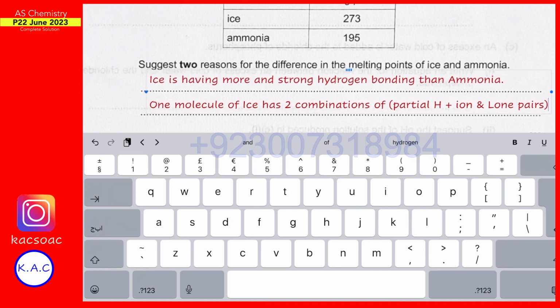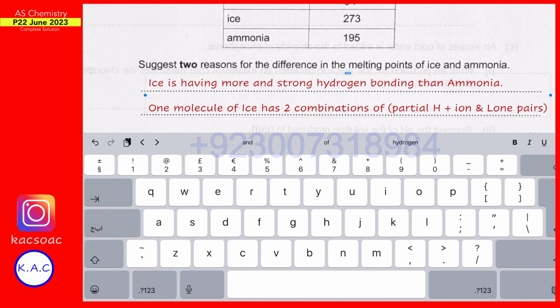So basically, the first thing is ice has more and stronger hydrogen bonding than ammonia in its sample. One molecule of ice has two perfect combinations of partial positive hydrogen and the lone pair.